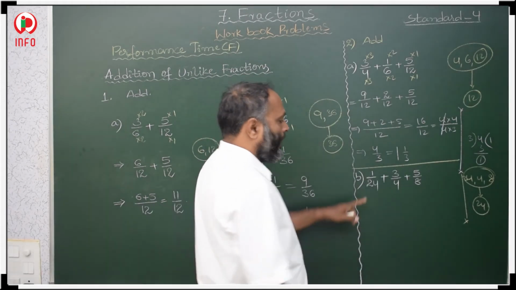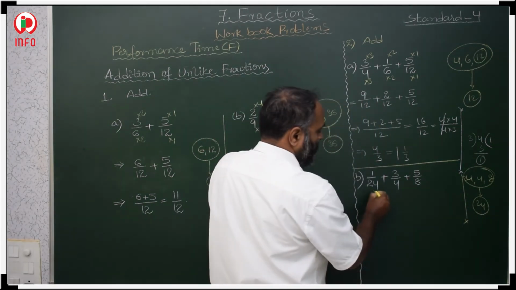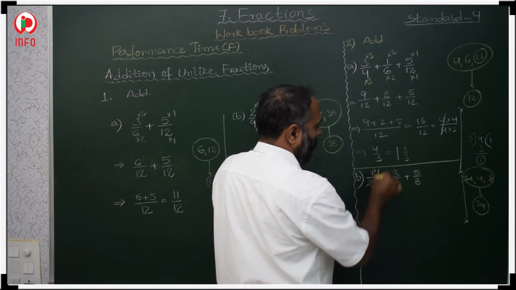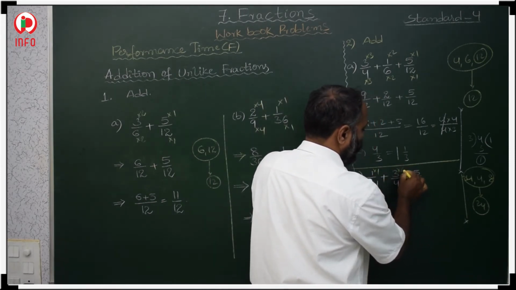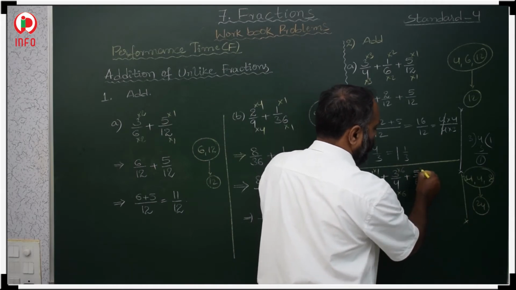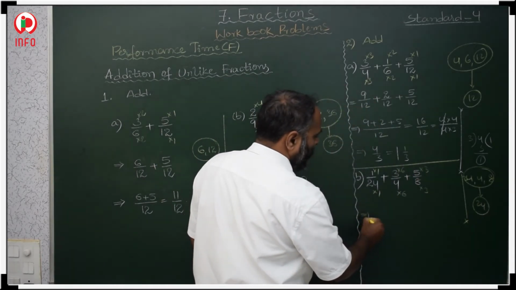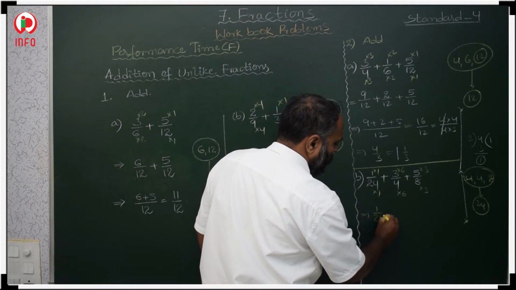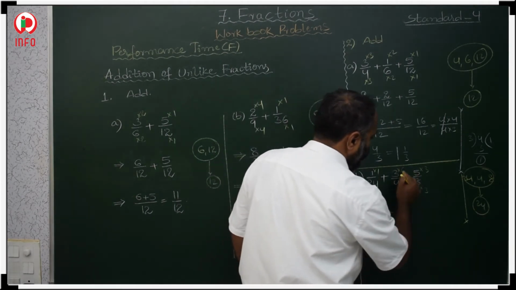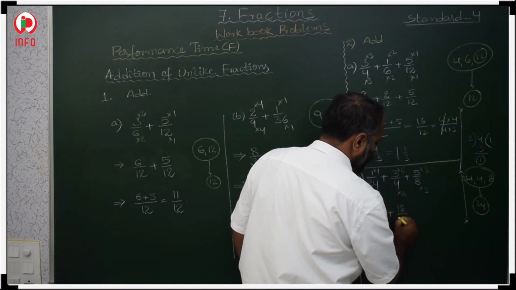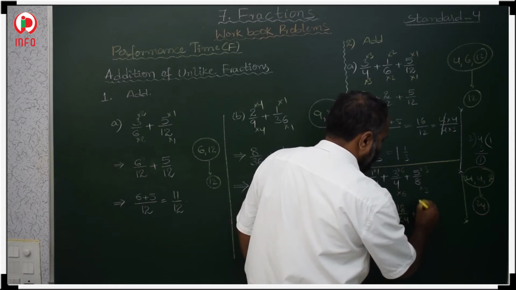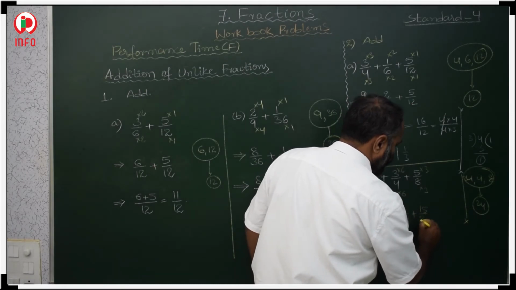So 24 is the LCM. Now in the 24 table, 24 1s are 24, so multiply numerator and denominator by 1. In the 4 table, 4 6s are 24, multiply by 6. 8 3s are 24, multiply by 3. So 1 1s are 1, 24 1s are 24, plus 3 6s are 18, 6 4s are 24, 5 3s are 15 by 24.